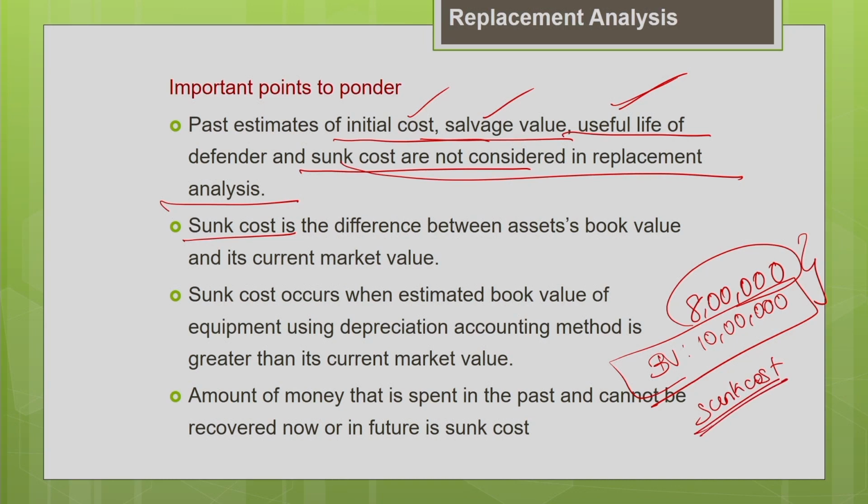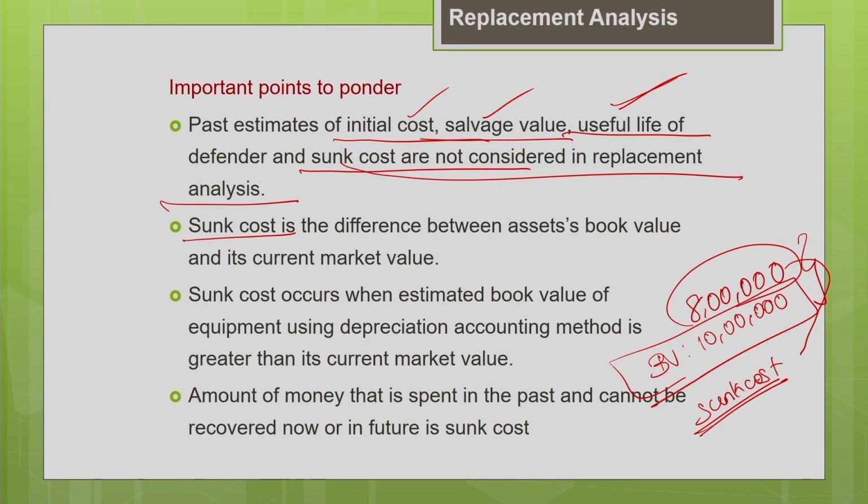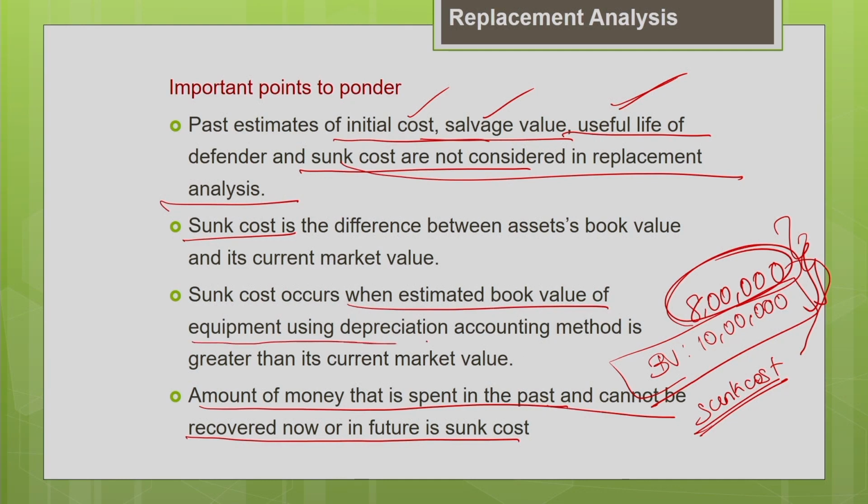So you might have estimated the book value to be 10 lakh, but even though your estimated book value is 10 lakh, your current market value is only 8 lakh. What is important to you is only this 8 lakh. So this difference of money is called a sunk cost, which cannot be recovered. A sunk cost is the amount of money that is spent in the past and cannot be recovered now or in the future. This sunk cost occurs when the estimated book value of the equipment using the depreciation accounting method is greater than the current market value of the machine.